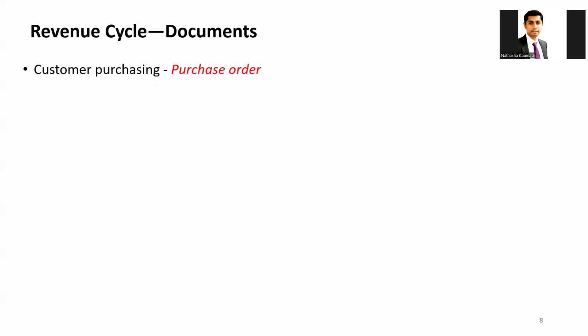Right. And then we were discussing some general documents related to the revenue cycle. Purchase order. Now we start revenue when we receive an order. From the perspective of the person or the organization placing the order, it is a purchase order. But from our perspective, the company's perspective, it's a sales order.